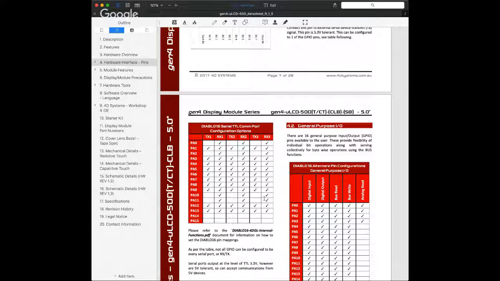When I look at the, where is the 4D UPA? Let me get my 4D UPA out.